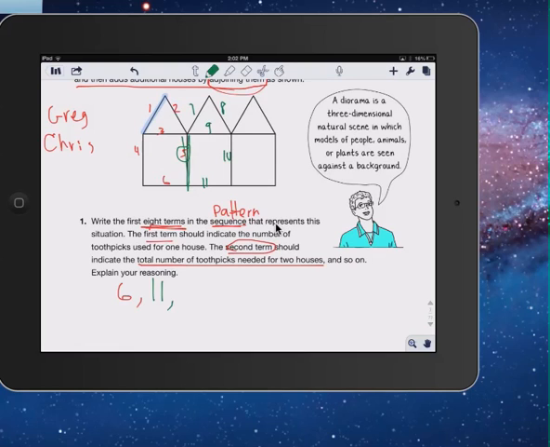They want 8 terms. I want 8 terms down here. At least copy what's up there. If you're having a hard time, at least copy and try to understand your table. Please.